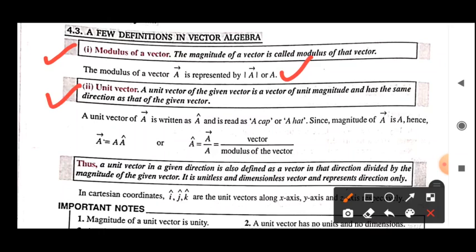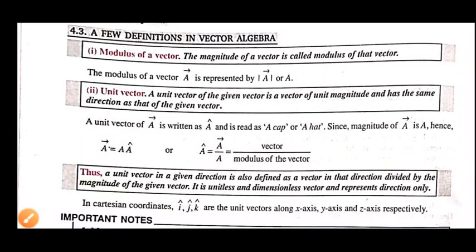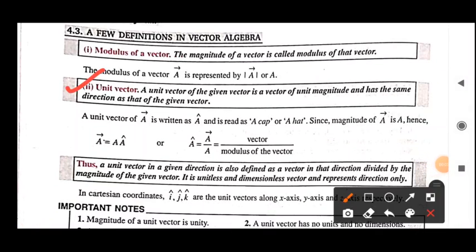Now the second one is unit vector. So what is a unit vector? A unit vector of a given vector is the vector of unit magnitude and has the same direction as that of the given vector. So it means the unit vector has the same direction as the vector.